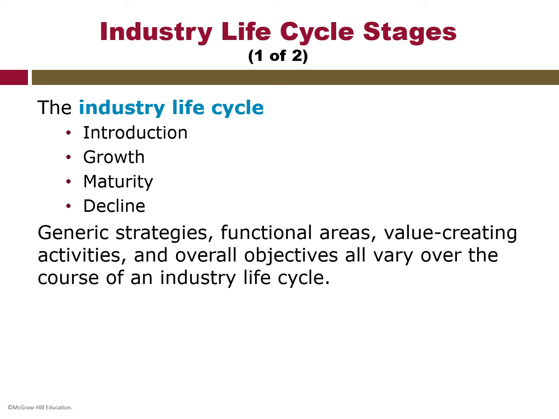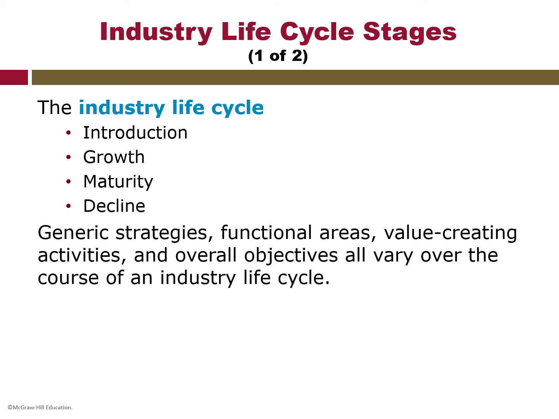In the later stage, during the maturity phase, the functions of the product have been defined. More competitors have entered the market and competition is intense. So managers will place a greater emphasis on production efficiency and process engineering in order to lower manufacturing costs.